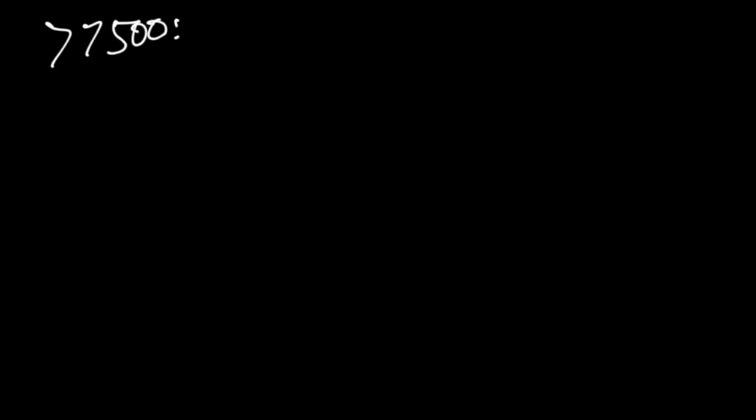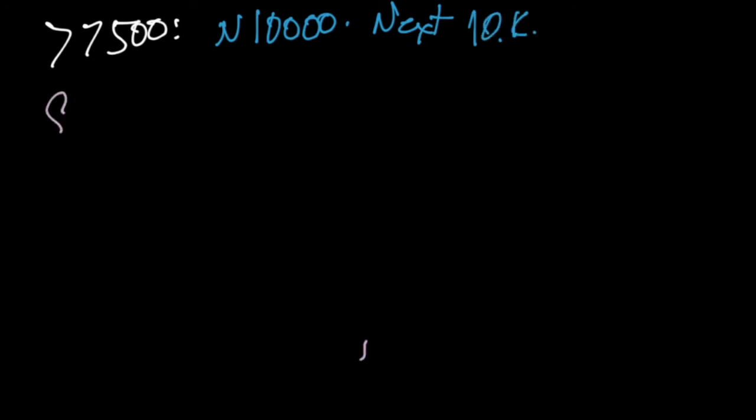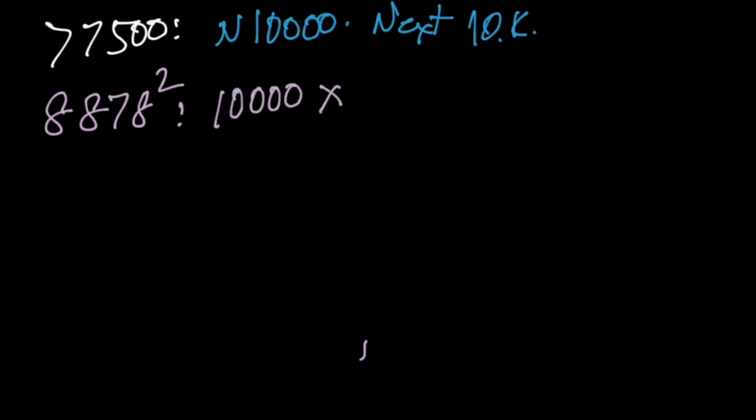So, here we use the N 10,000 technique, which is next 10,000. Let us take 8878 square. So, we start with 10,000 and we subtract the difference. The difference is 1122.